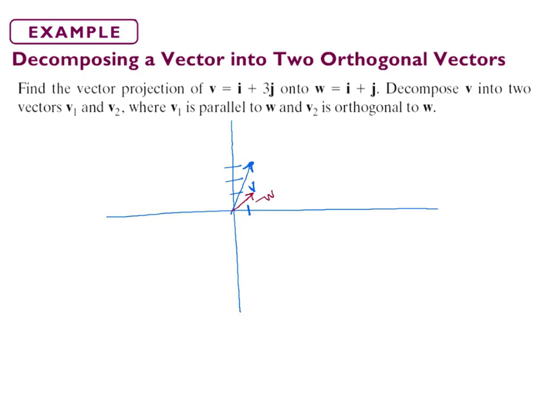We want to decompose v into two vectors, v1 and v2, where v1 is parallel to w and v2 is orthogonal to w.